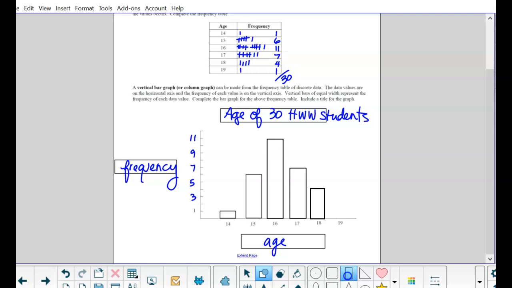They should all be equal width. 19 is 1. Oops. There we go.